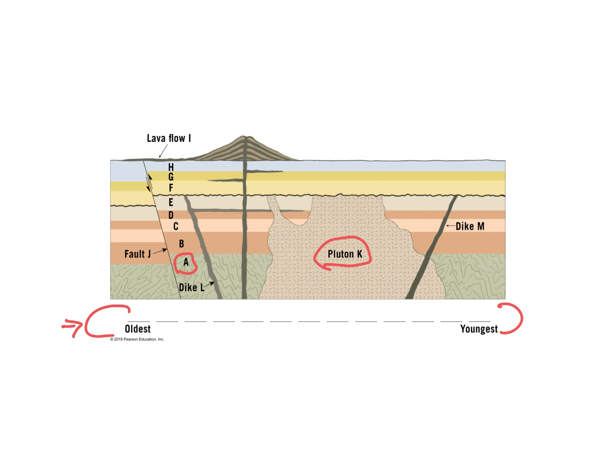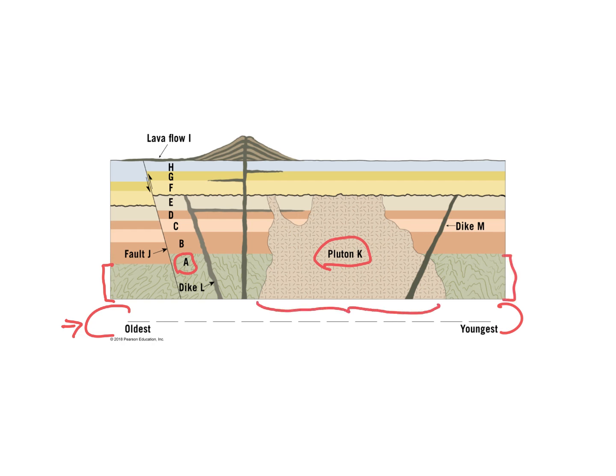The way that we would do that is to look at both layers and see if they are cutting across any other layers. The principle of cross-cutting tells us that if something cuts across something else, then it has to be younger than the layers that it cuts across. If we look at the green layer, we can see that it exists kind of everywhere at the bottom, except for right here.